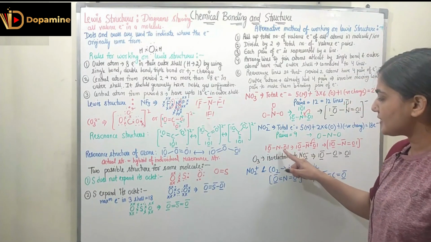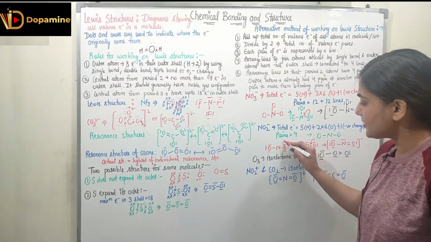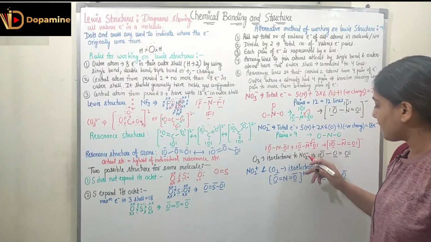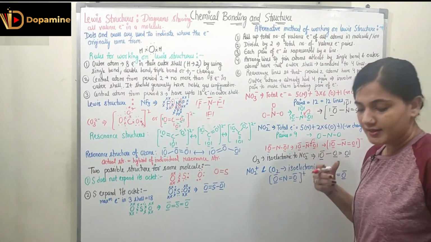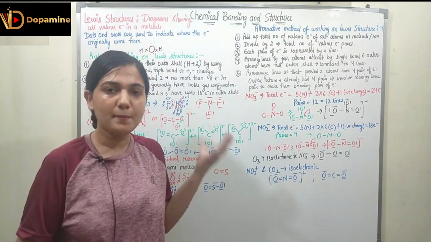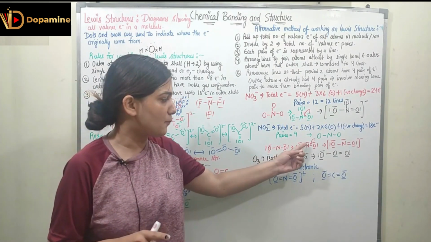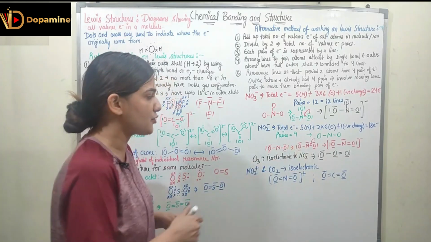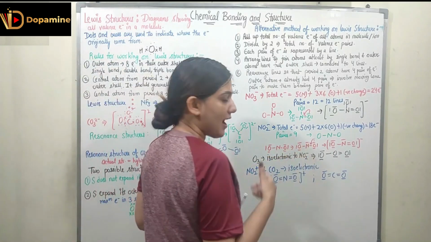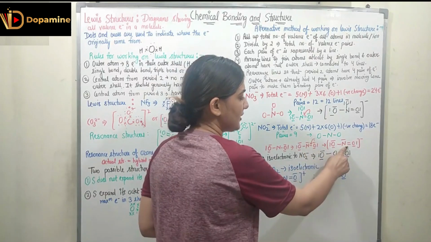Now again you can see in the nitrogen we have only 2 lines, so we can change this lone pair and convert it into a double bond, right? So after converting all of the outer atoms to 4 pairs of electrons, we still have one line left which we can put on nitrogen. Now nitrogen has 3 lines. I have to convert the 4th line, so I will convert this lone pair into a double bond.